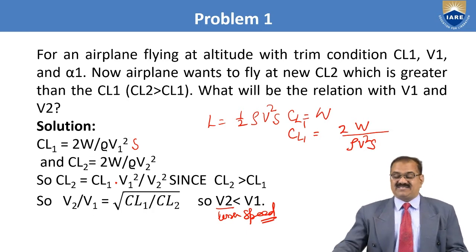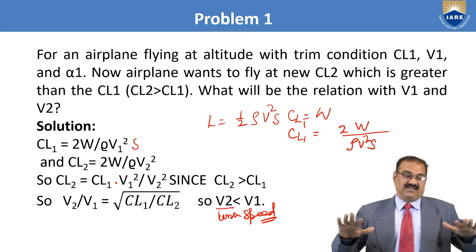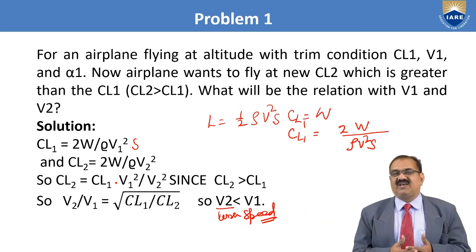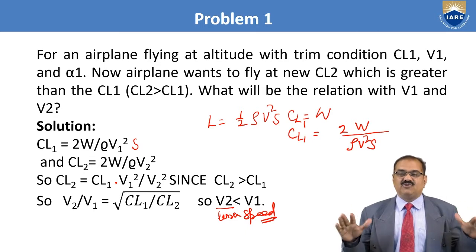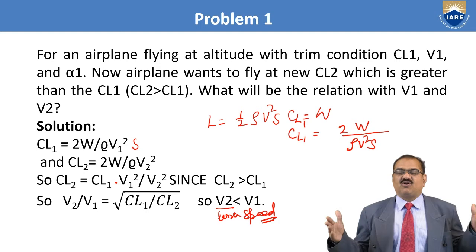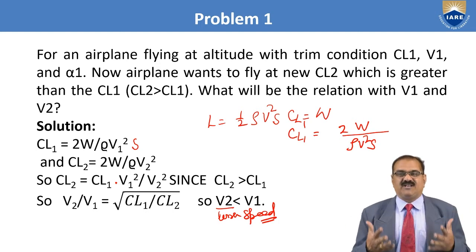You can see the birds when they are landing: they open their wings to increase the coefficient of lift. You can see the aircraft, we are using the flaps. We extend the flap downwards so that the coefficient of lift during landing is increased.